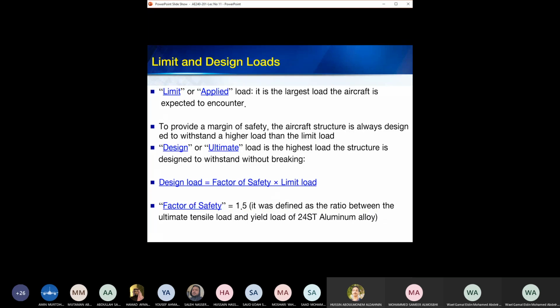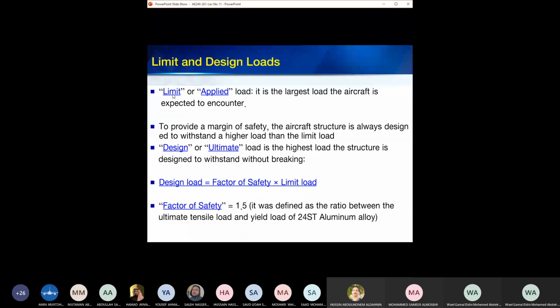Maybe some of the rivets will pop out of the skin. Maybe some of the skin panels, the surface, will buckle a little bit. There will be some fractures. There will be some permanent deformation. But at the end of the day, the structure will survive. There will not be fatal deformation.